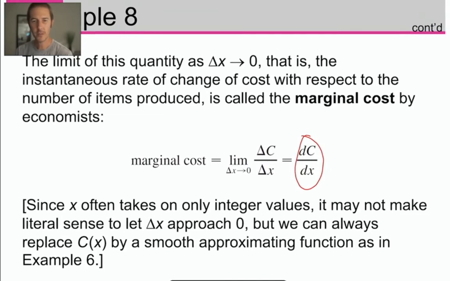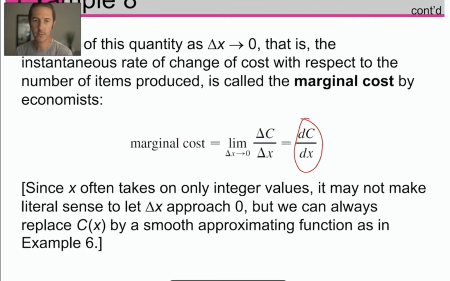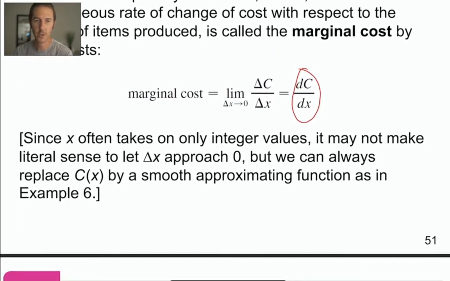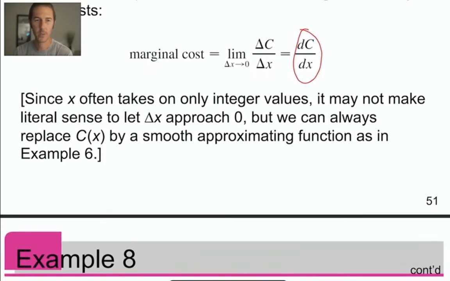So this is a little bit interesting because dx in the denominator, you're not really going to squeeze it down super close to 0. It's never going to be 0.000001. The farthest we typically squeeze it down in this type of example is down to 1. That's the smallest number of units that we can come up with without smashing it down to actually be 0.